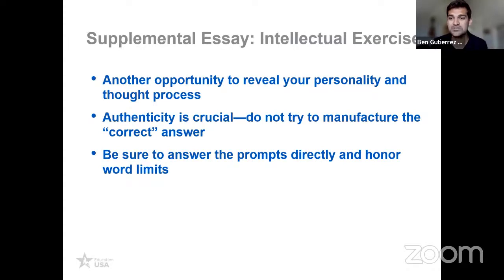Hopkins doesn't have a specific essay like those that I mentioned, like University of Chicago's or anything like that. But if you do run into a university that has one of these types of supplemental essays, then by all means, feel free to reach out to the admissions officer to ask them, what is the goal of this essay?